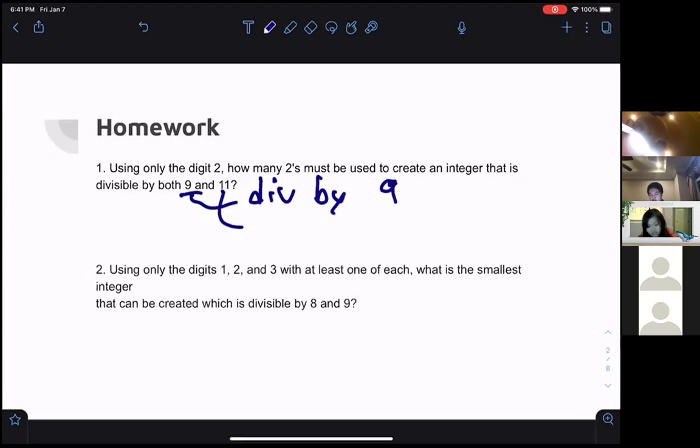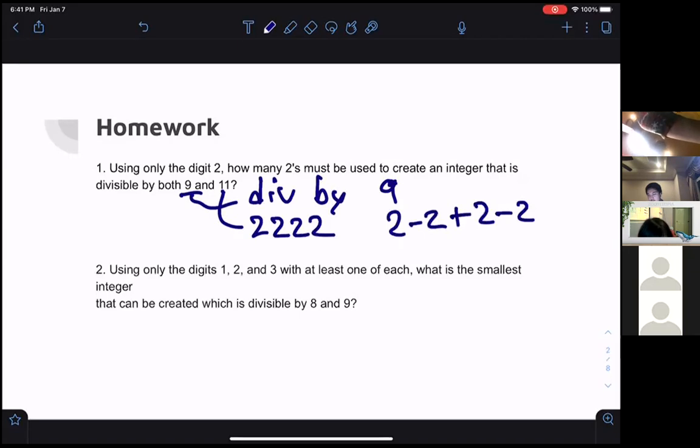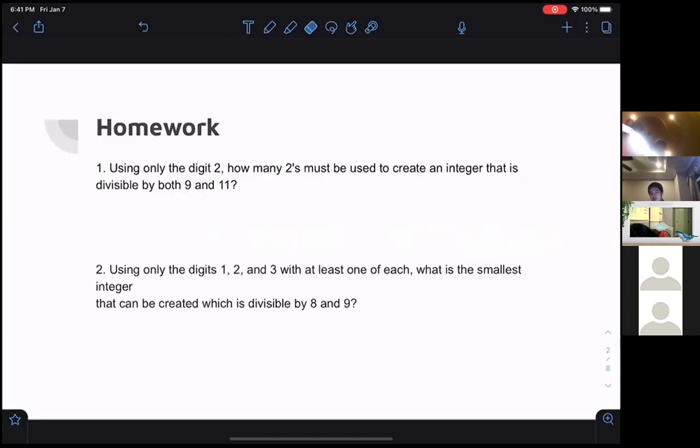For 11, if we have 2, 2, 2, 2, we do 2 minus 2 plus 2 minus 2. This is an alternating sum, equal to 0, and 0 is divisible by 11. So 2222 just happens to be. The rule for 11 is that the alternating sum difference gives something divisible by 11. If you want to satisfy both simultaneously, first notice that for a number that's all 2's, satisfying the 11 condition is pretty easy.